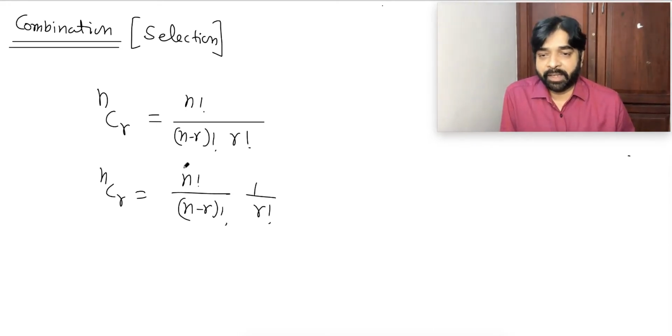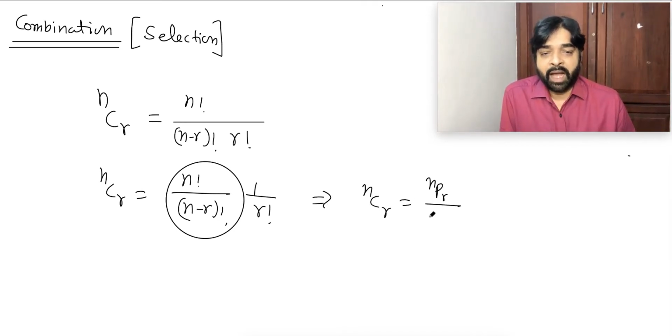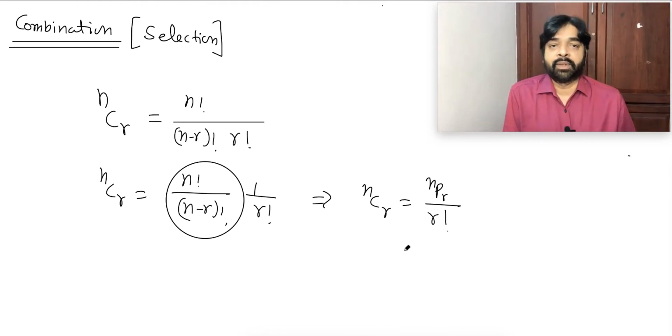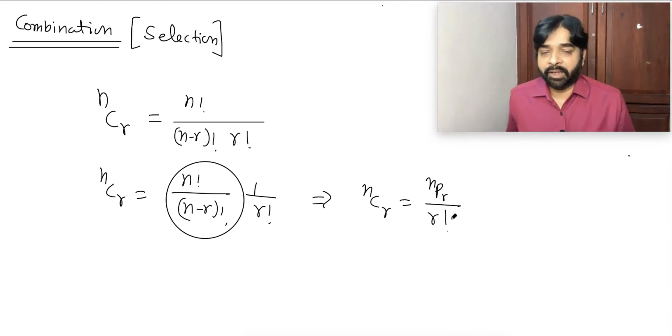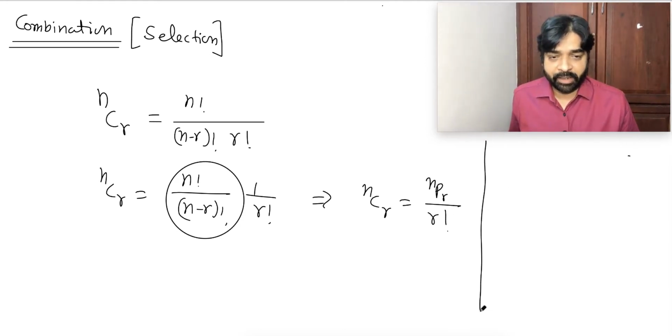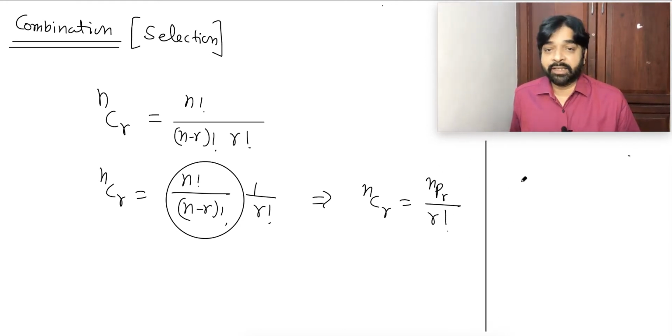If you notice, the first part is nothing but nPr, which indicates nCr is nPr divided by r factorial. Now we will deal with nCr values, and there are some properties before starting selection.